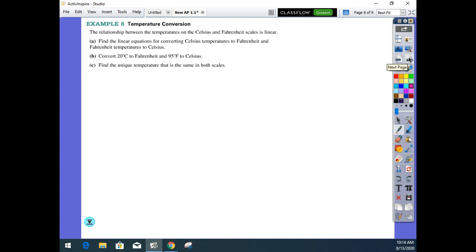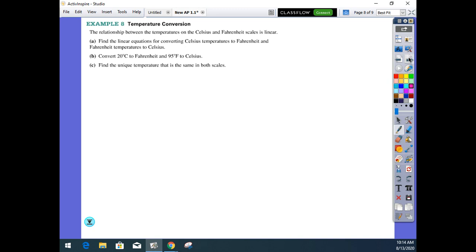All right, so you see this a lot, where you convert different things. Especially if you had Mr. Wallace, you might have done this in physics. It says find the linear equations for converting Celsius to Fahrenheit and Fahrenheit to Celsius.